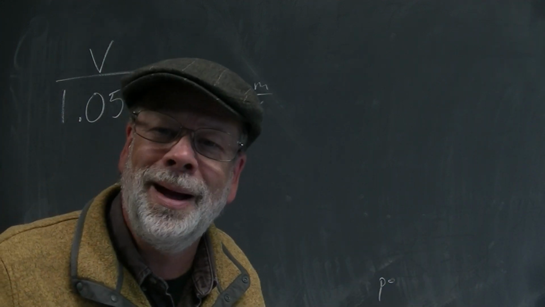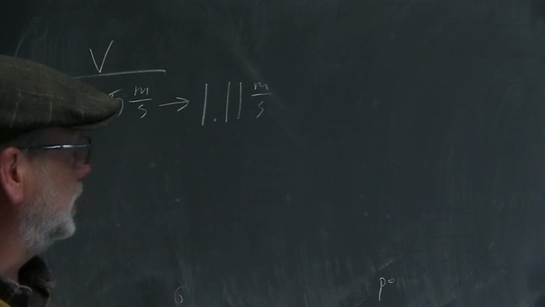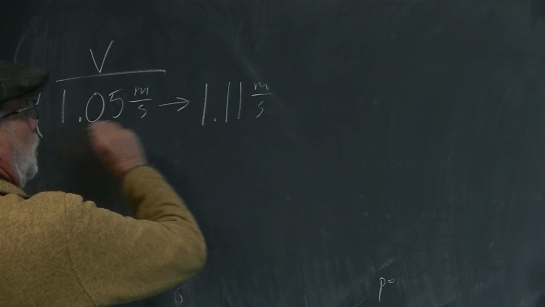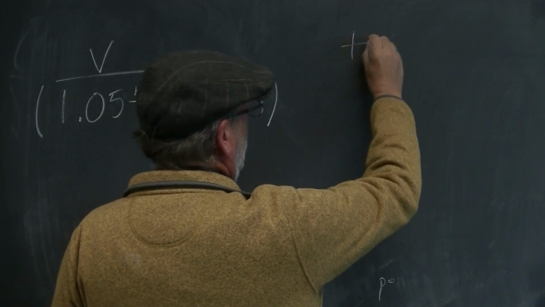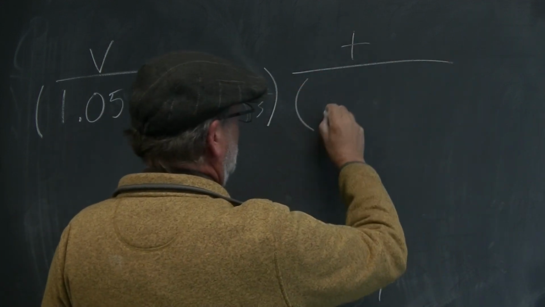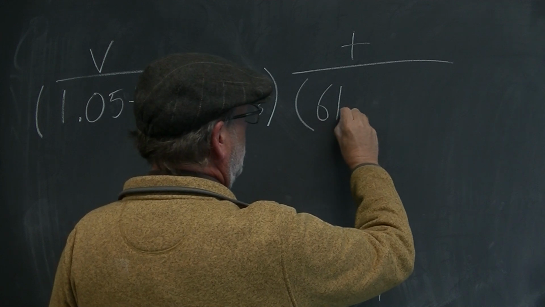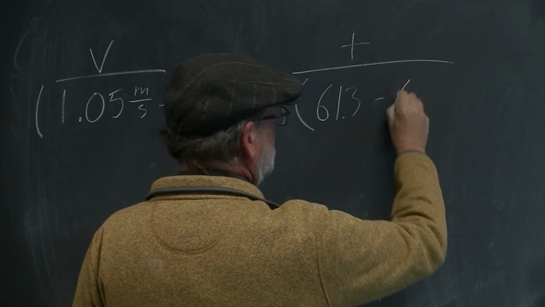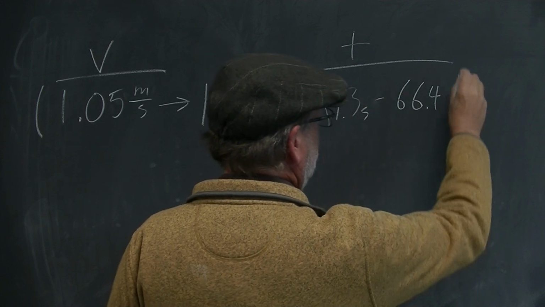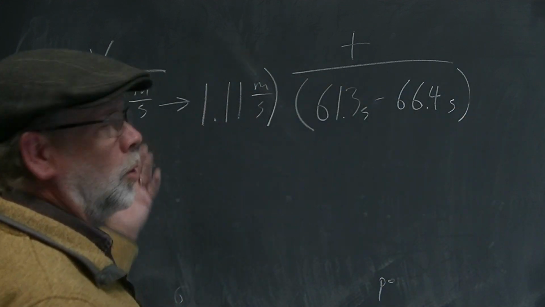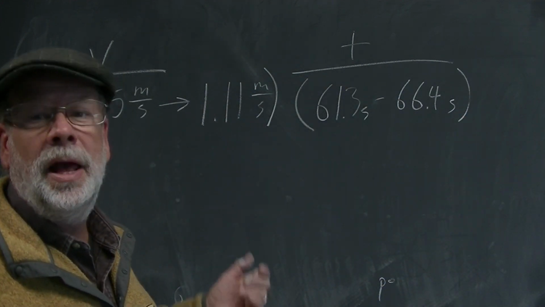That might be what my velocity is when I'm trying to hold it constant. Now, if my unknown time, my time for my unknown distance, goes from 61.3 to 66.4 seconds, how do I work these numbers to get the range?